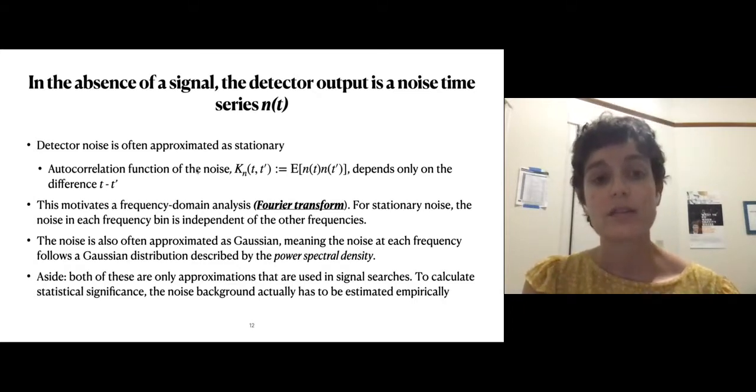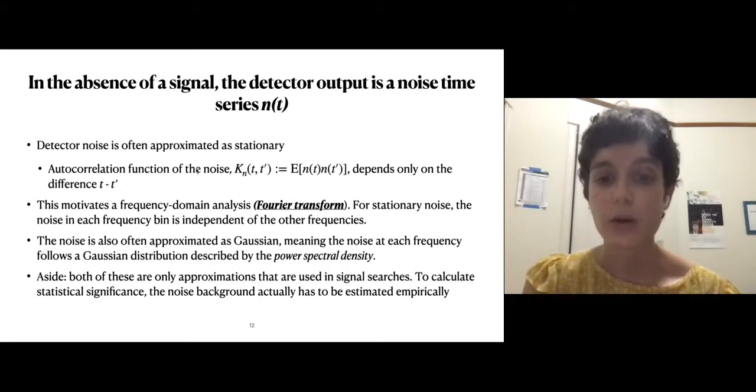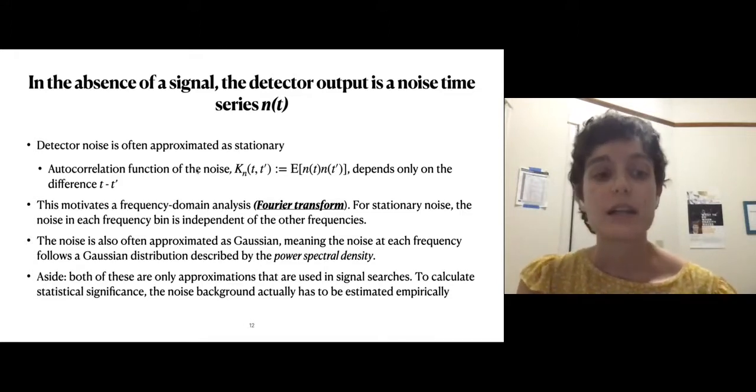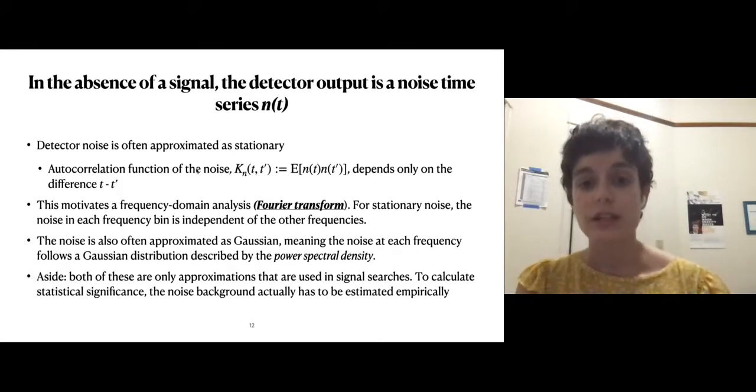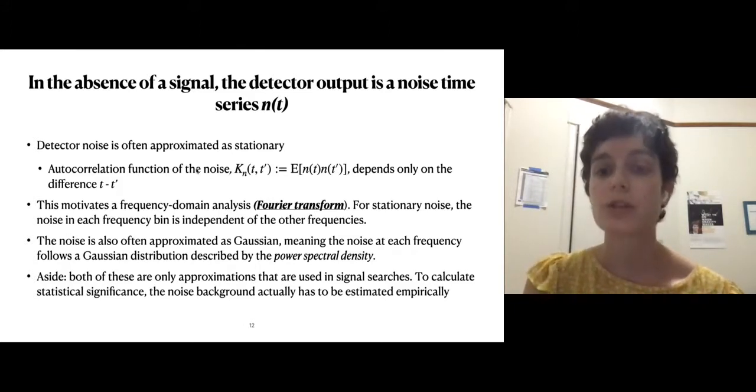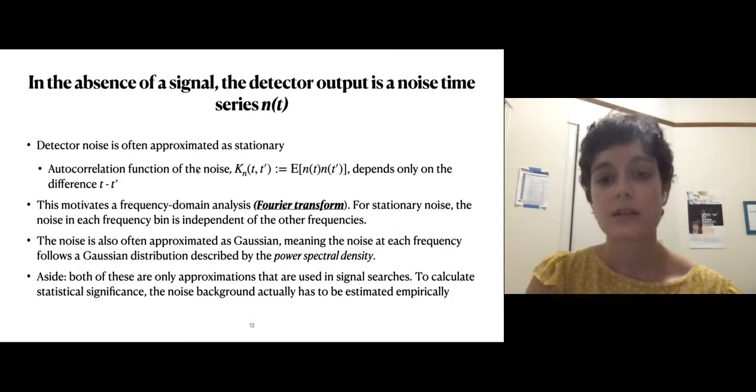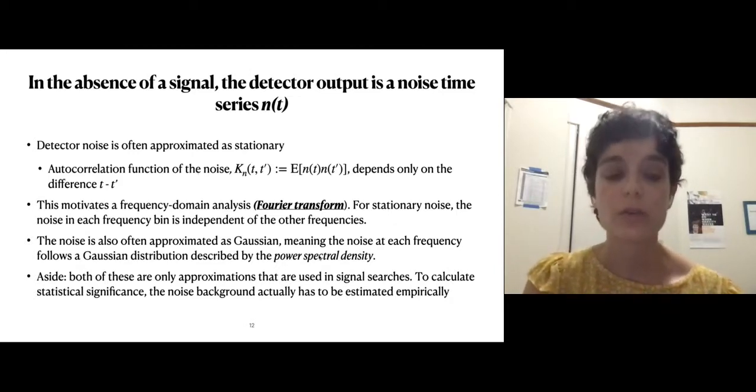Additionally, the noise is often approximated as being Gaussian, which means that at each frequency, the noise follows a Gaussian distribution. And that Gaussian distribution is described by the power spectral density or the amplitude spectral density. And that's abbreviated as PSD or ASD.